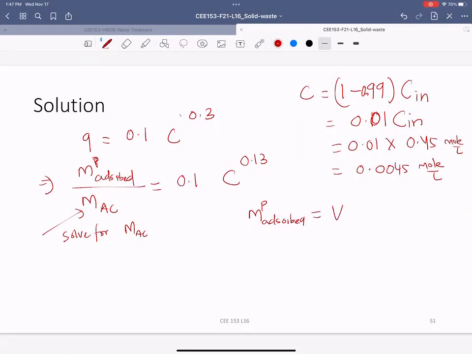So basically the volume of water treated times C in minus C. Volume is 1000 gallons per day. C in minus C is 0.45 minus 0.0045 moles per liter.